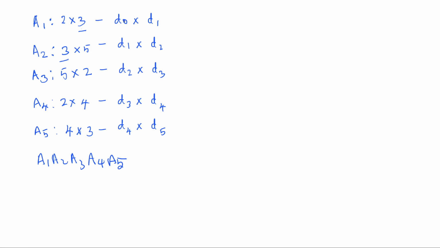I can list the values of D in a table like this one: D0, D1, D2, D3, D4 and D5. D0 has a value 2, D1 is 3, D2 is 5, D3 is 2, D4 is 4 and D5 is 3. We will make use of these values later in our calculations.